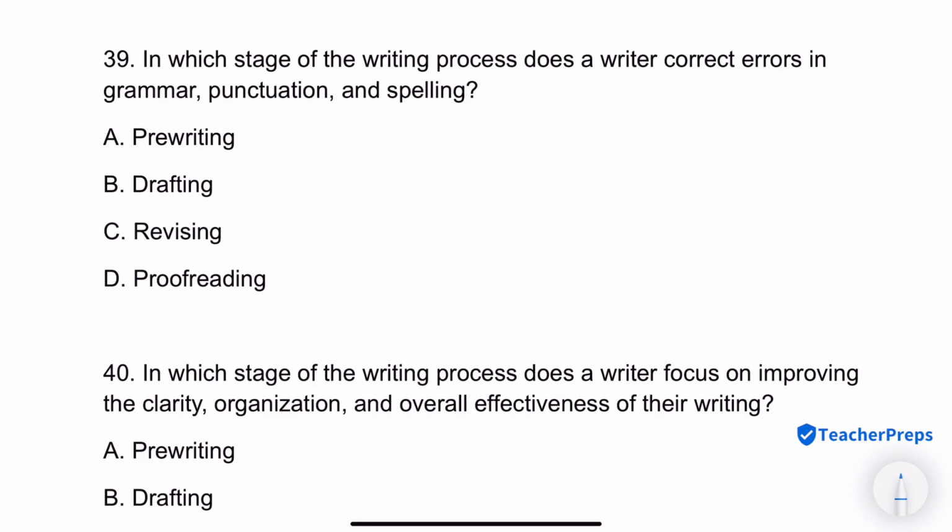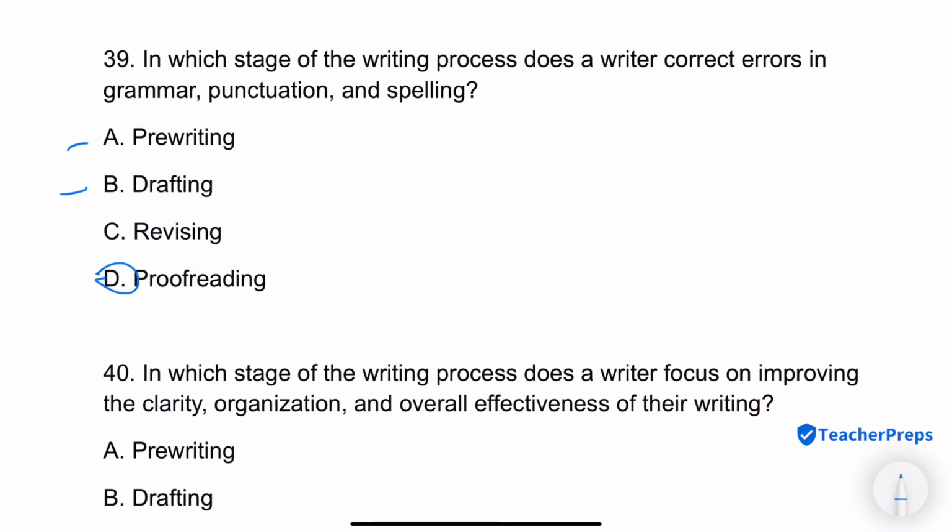Oftentimes we'll give them writing projects, like research projects. So what is this asking? Which stage in the process does a writer correct errors in grammar, punctuation? All right, so it's not going to be pre-writing, not drafting. Revising, they could, but it's really proofreading.